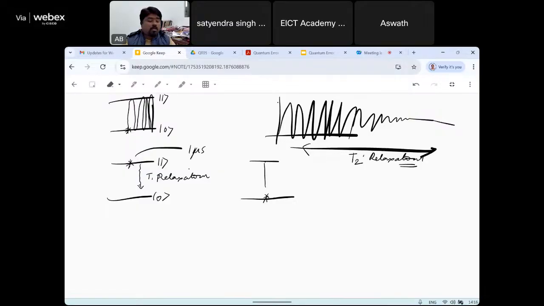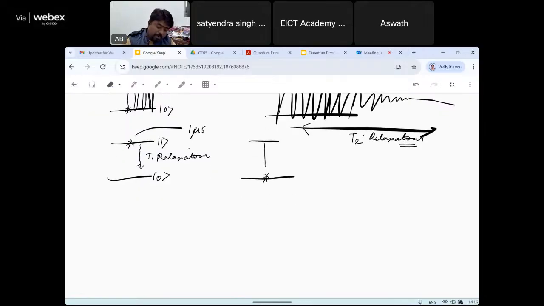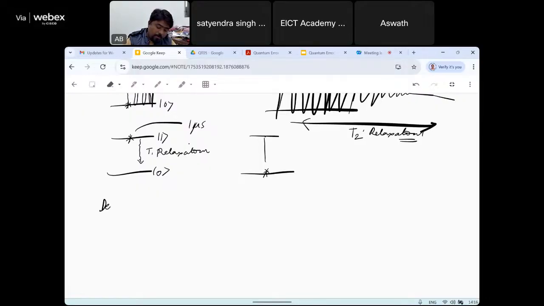Because of these things, you intend to create a certain amount of data storage with some accuracy, and you would lose that accuracy because of these errors. So environmental interactions bring in something called decoherence.